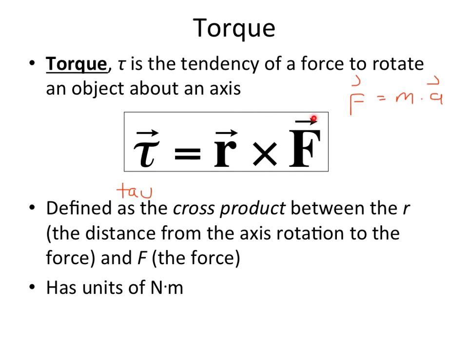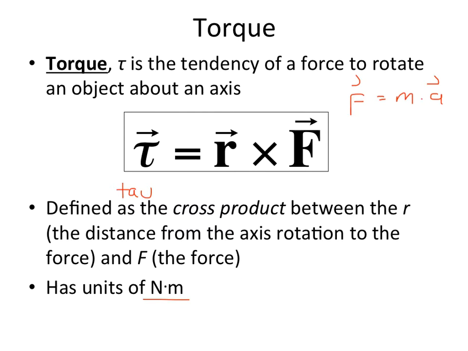If you take the units for radius, that's distance, meters, and force is newtons. We have the units for torque being Newton meters. Again, if you're a car person, you may measure torque in foot-pounds, or I guess it should be pound-feet.